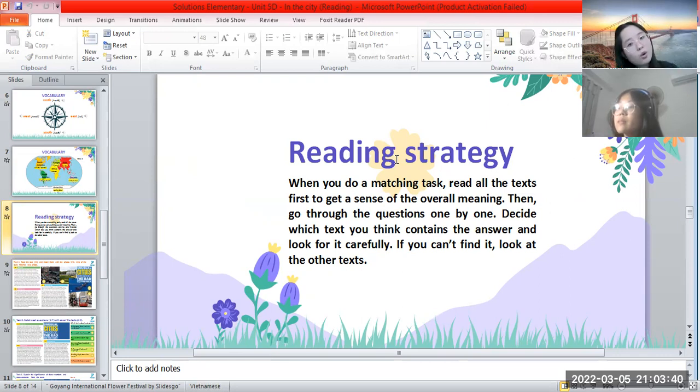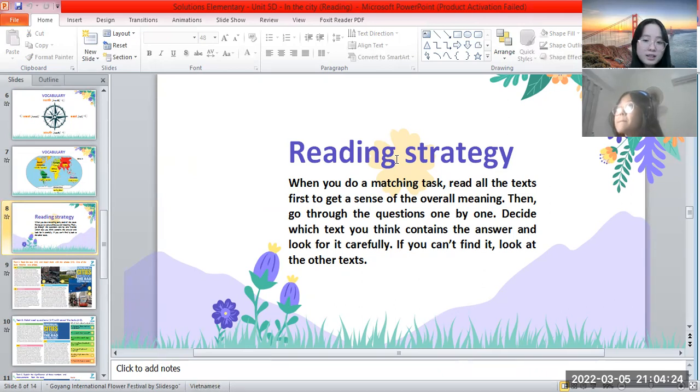So first of all, you need to read through all the text to get the main point, the key point overall. Then go through the questions one by one, look at the reading passage, and see if it's suitable or not. Then decide which text you think contains the answer and look for it very carefully.